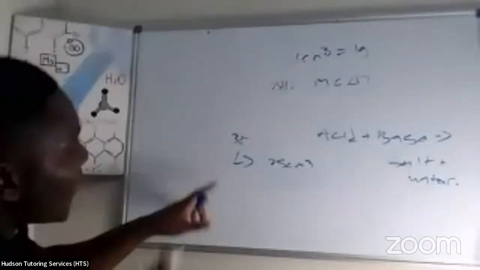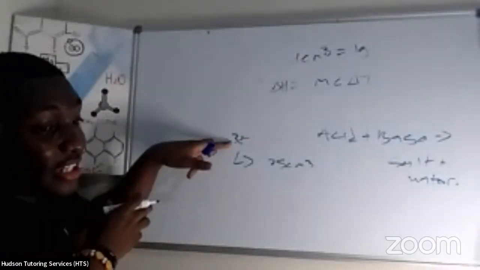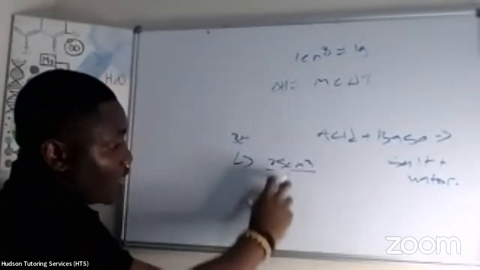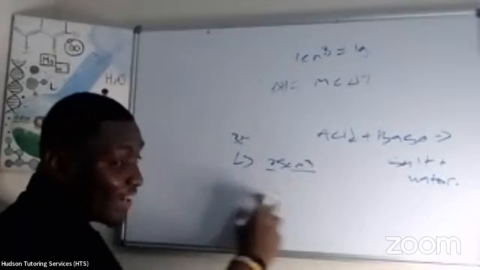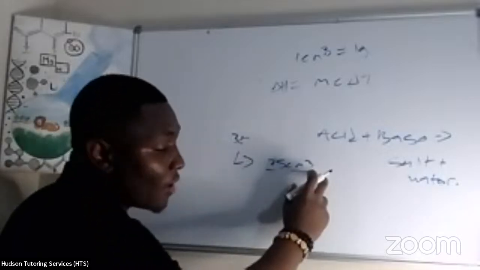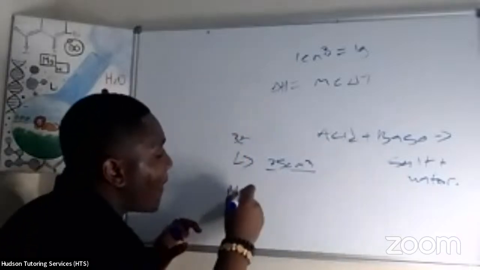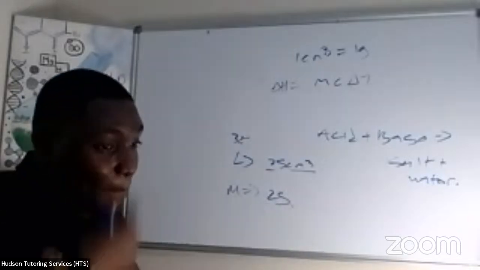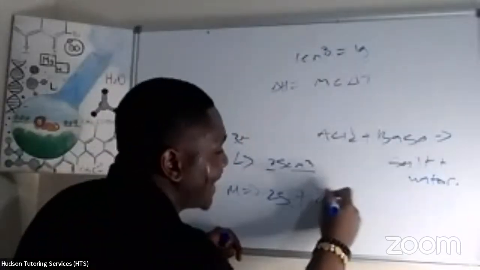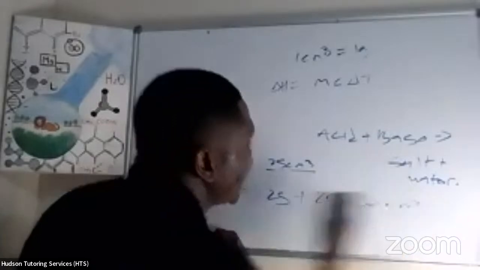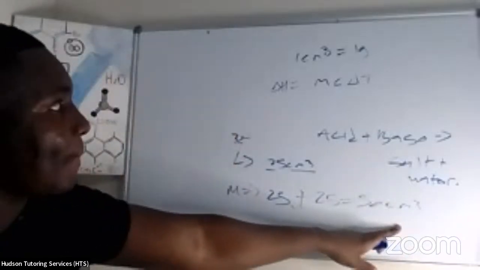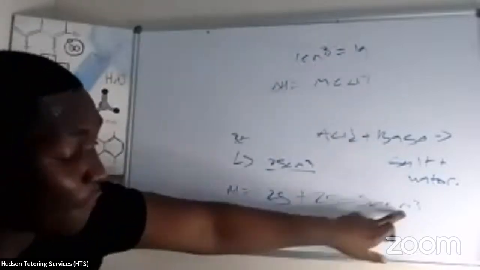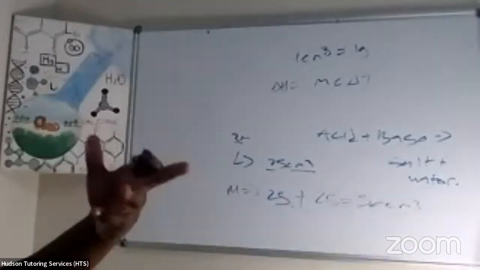At the neutralization point of 38 degrees Celsius, the volume was 25, meaning the neutralization volume, or equivalence volume, is 25 centimeter cube. Therefore, the overall mass of the solution will be 25 for the acid plus 25 for the potassium hydroxide, which is 50 centimeter cubes. There goes our M, because we assumed that 1 centimeter cube is equal to 1 gram. Therefore, 50 centimeter cube is 50 grams.